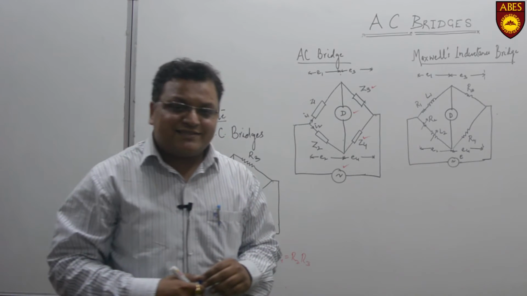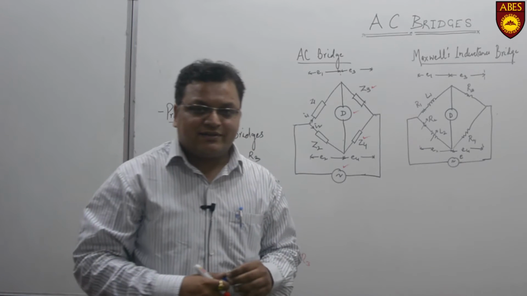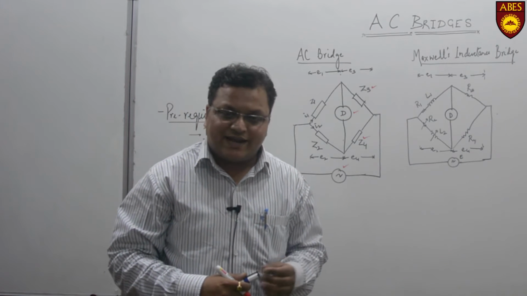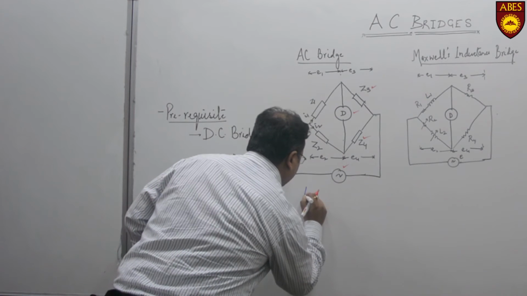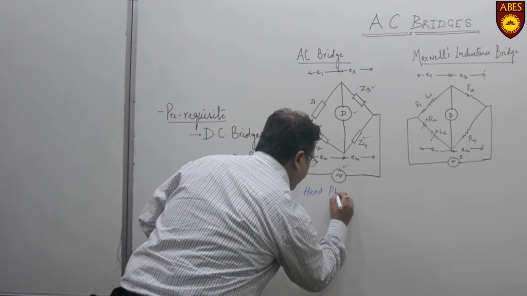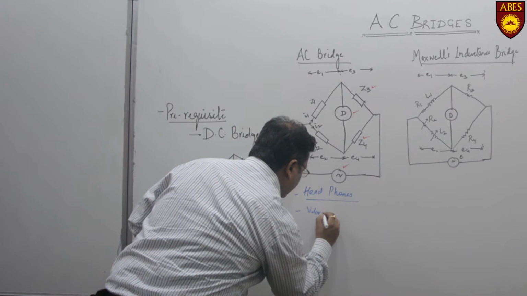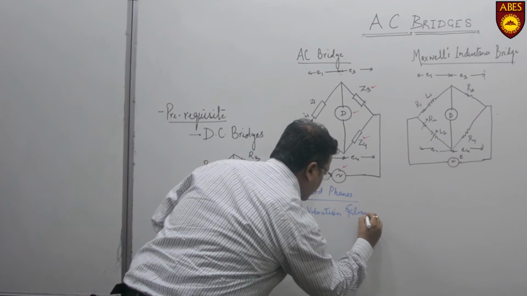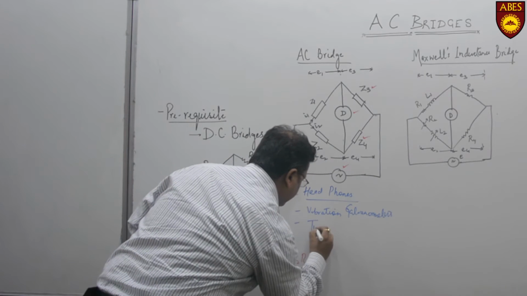So particularly in AC bridges we use detectors, and depending upon the range of frequencies, the three general detectors that are used are headphones, vibrational galvanometers, and tunable amplifiers.